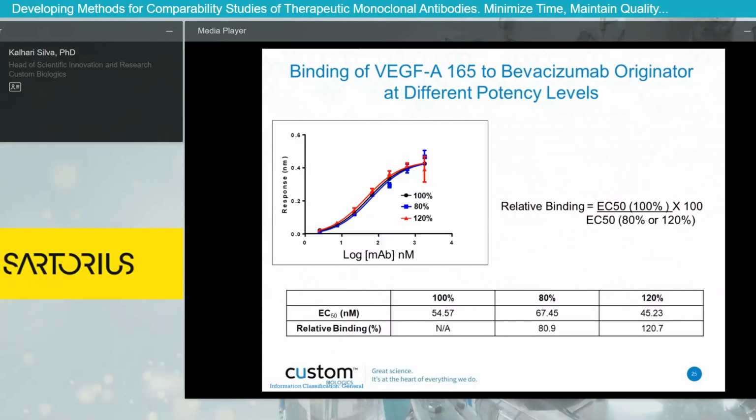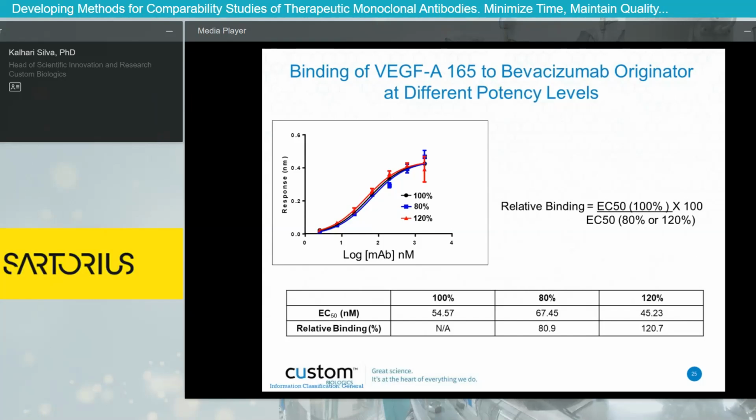Here we used only absolute responses to understand the relative binding, but you can also use KD values, the affinity constants, as well. The idea behind performing the potency study was that we wanted to understand the linearity of the assay, how the assay changes when an 80% potent sample or a 120% potent sample is obtained, and whether you can determine the relative binding accurately and precisely.